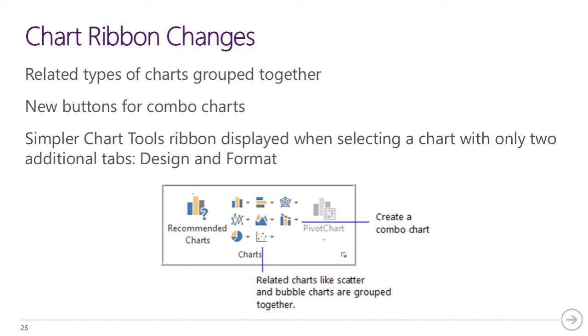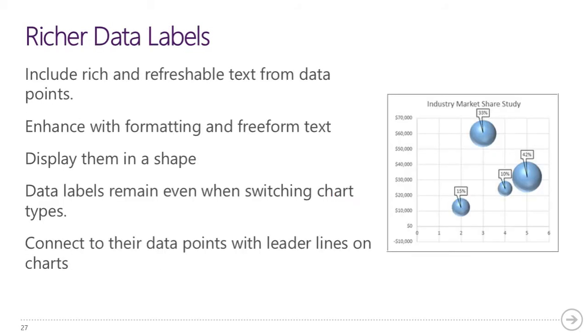Again, the ribbon technology makes it much easier from a visual standpoint for people to actually consume these and understand how they use and get started with them, and they've continued to enhance it within the 2013 client. And then kind of lastly, in respect to this, is data labels and being able to actually make the data labels much more richer and refreshable from other data within the spreadsheet. And it can be basically connected to a pivot that'll reflect the data as it changes.